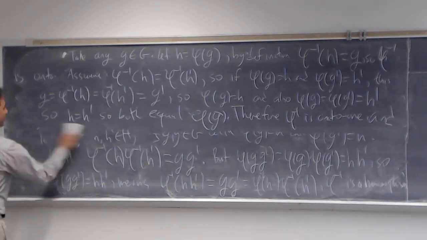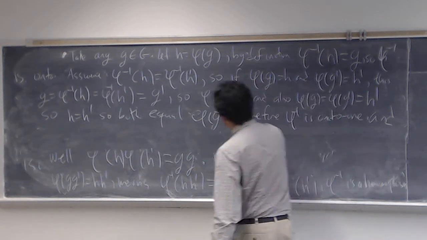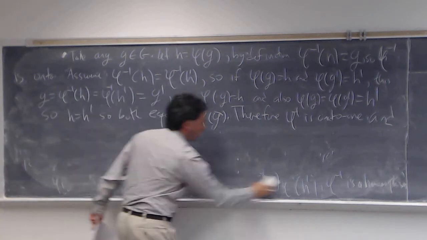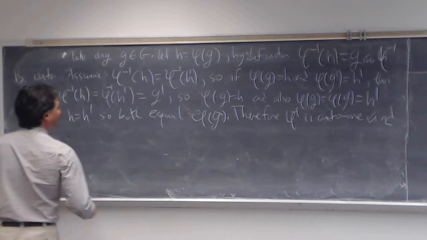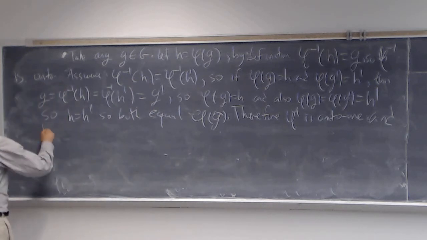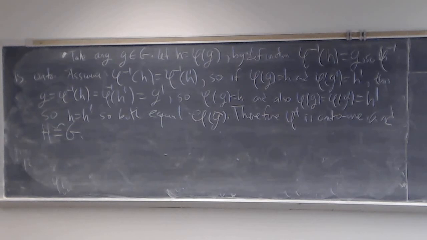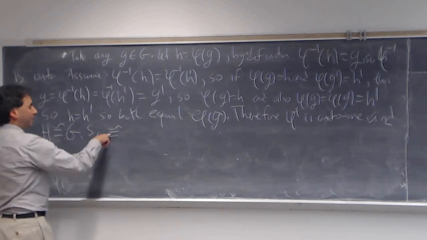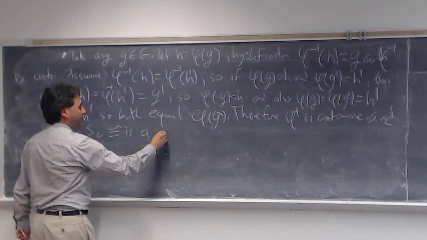And so we've just shown it's onto, it's a homomorphism. And now we've shown it's 1 to 1, so it's got to be an isomorphism. And so that shows us that H is isomorphic to G. So that's the second property: this isomorphism symbol is not reflexive, it's symmetric.